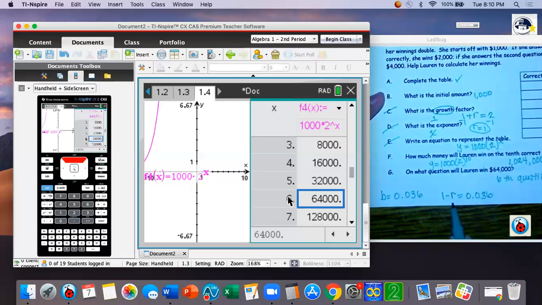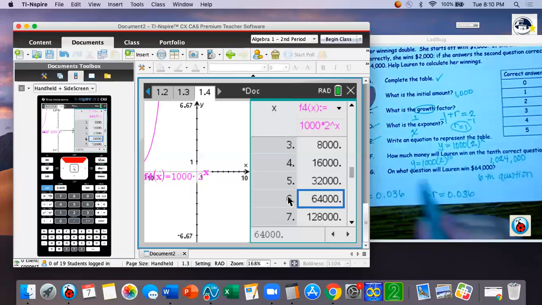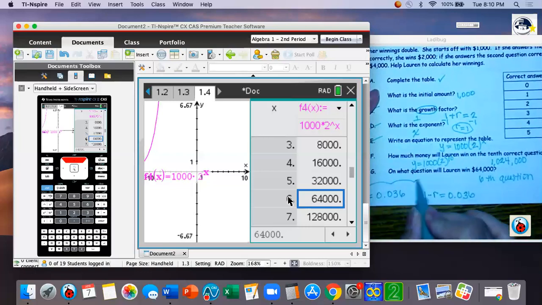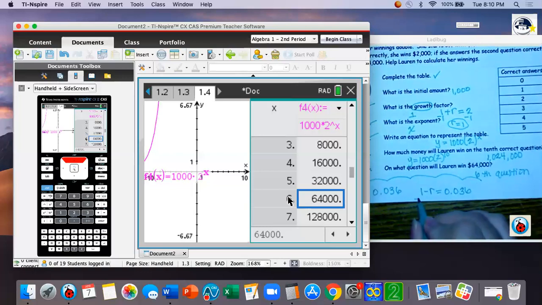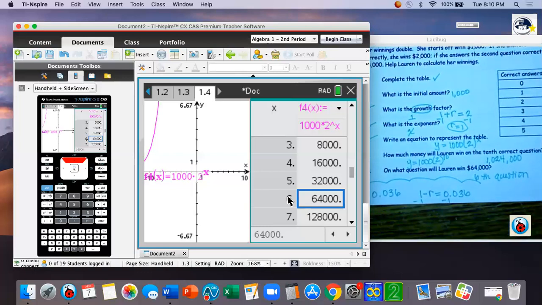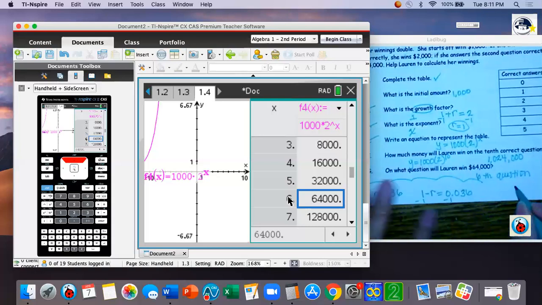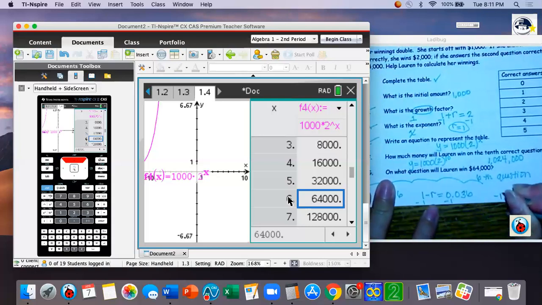And then I'm just going to solve for R, because these are going to be some examples on your homework. This is just a random example. Okay. So if I solve that, I would subtract 1 from both sides. If I did that real quick in my calculator, 0.036 minus 1, that's going to give me negative R equals negative 0.964.